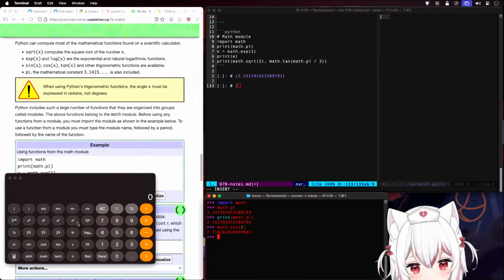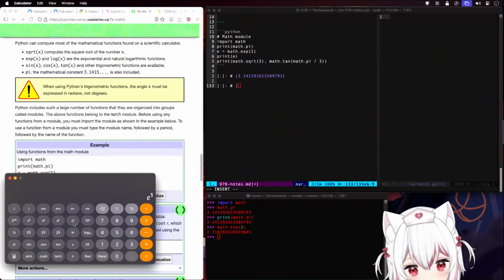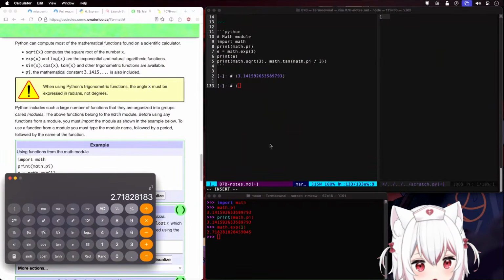I know ln. Oh, is it e to the x? So e to the 1? Oops. Do I do it the other way? 1e? Oh, 2.71828183. Got it.